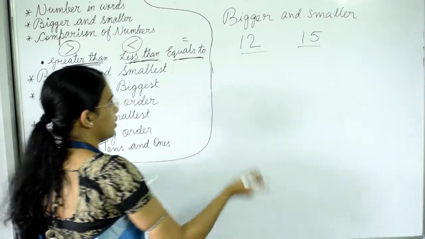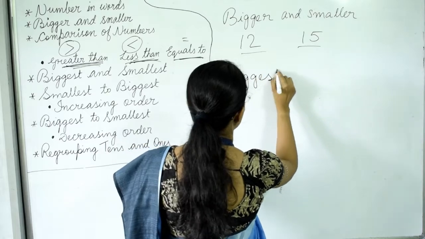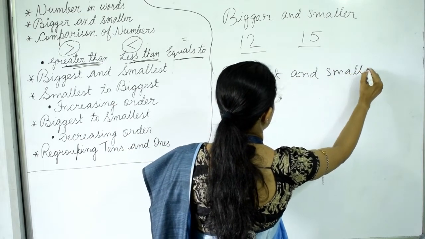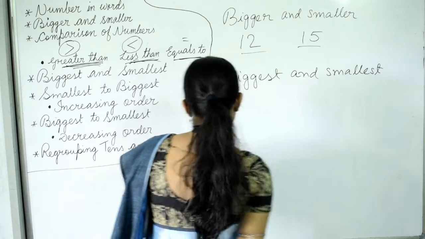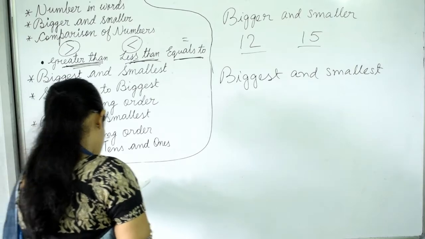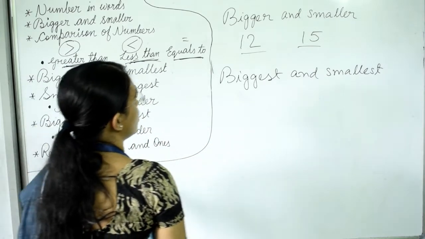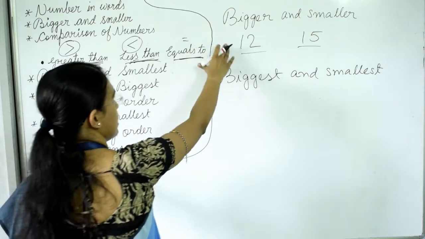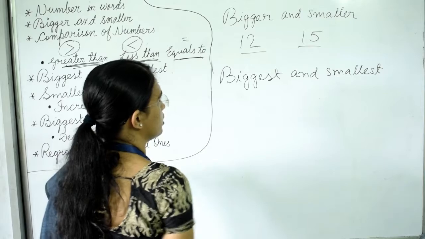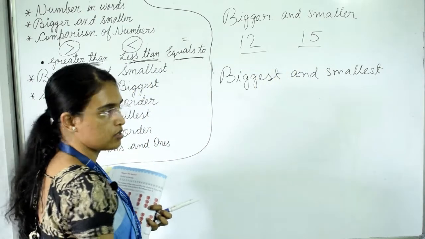But when we are doing the biggest and smallest, we have to use the same concept which we have done in the bigger and smaller number, but here we will get more than 2 numbers.